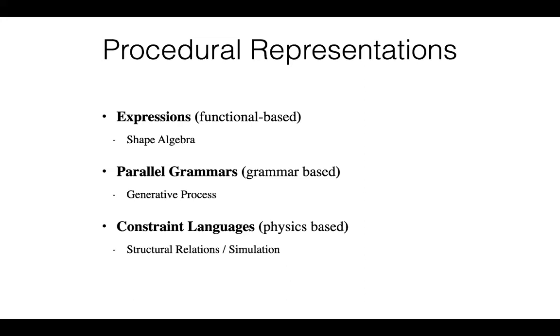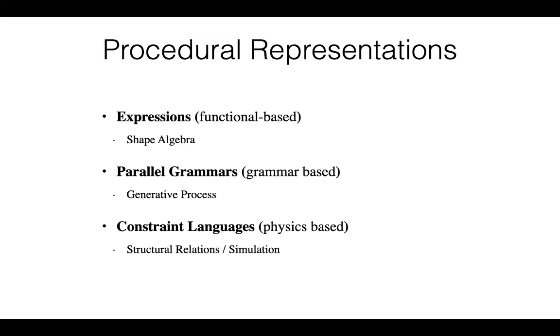And so the basic thing here is a functional-based procedural representation that implements a shape algebra within the representation of the expression. And then we have a grammar-based procedural representation where we have parallel grammars. Here, this grammar basically describes the rules of a generative process.